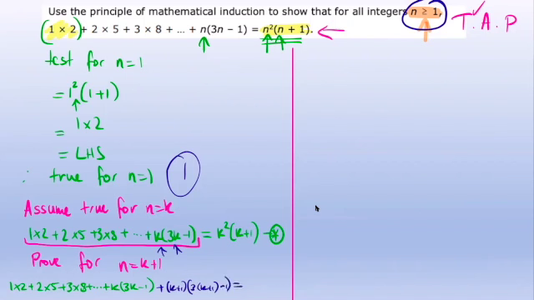And this equals, I haven't given myself enough space. Now I'm going to substitute k plus 1 into both of these. That's k plus 1 squared, and that's going to be k plus 1 plus 1. All right. Now I need to clean that up a little bit. So let's rewrite that: 1 times 2 plus 2 times.